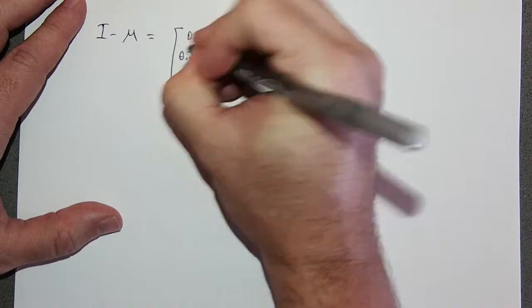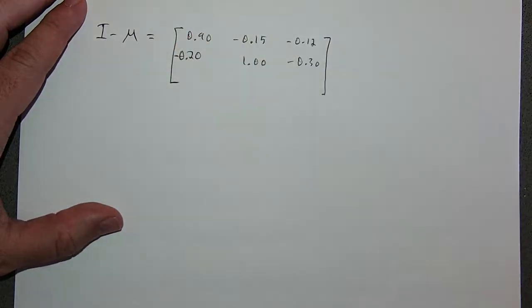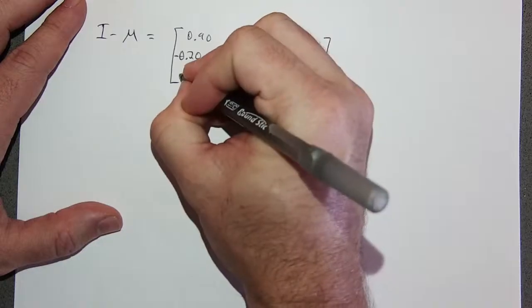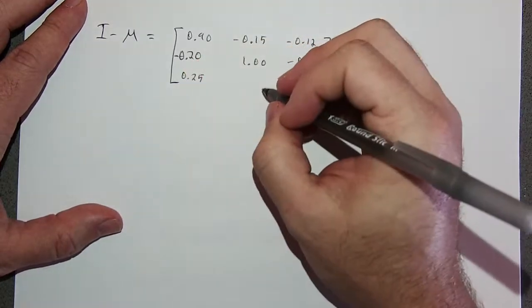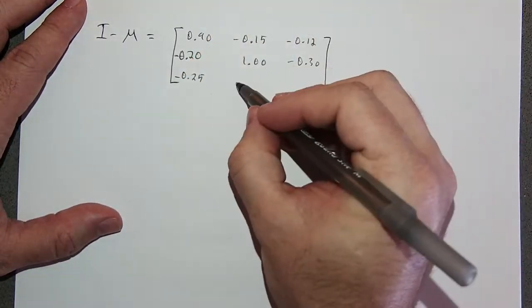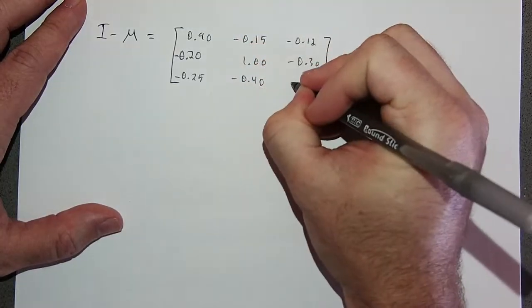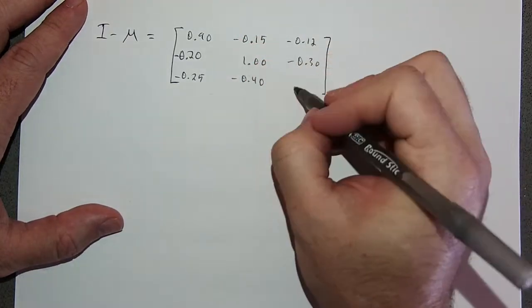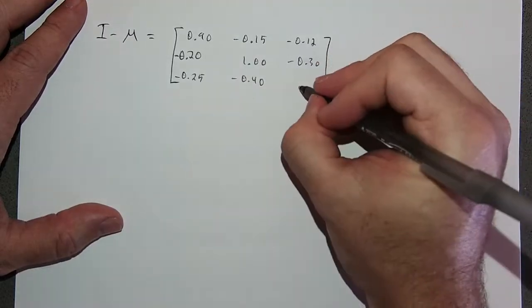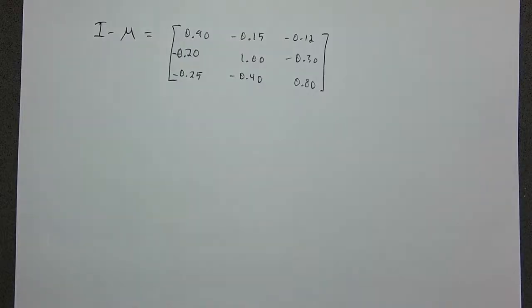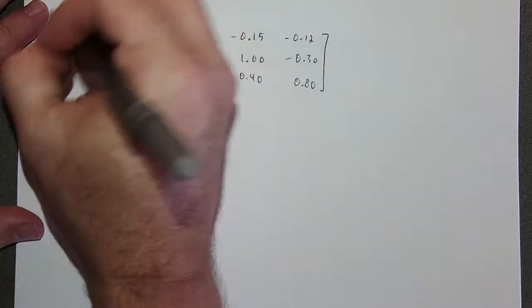I didn't put the 0 there. 0.25, sorry, minus 0.25. All this is minus. Minus 0.40 and, actually no, this would be 1 minus 0.20, so this would be 0.80. Okay. There's our I minus M. Call this A.